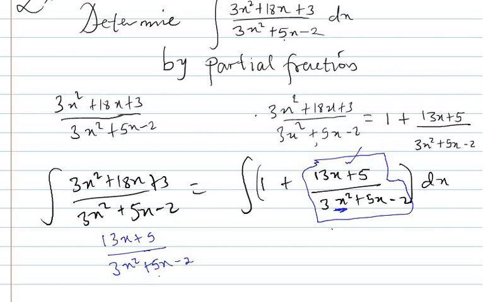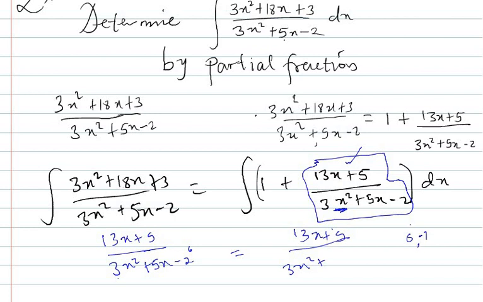So we have to factorize this. To factorize, we get two numbers such that when you multiply them, they give you 3 times minus 2, that is minus 6, and when you sum them, they give you 5. So we have (13x plus 5) all over 3x squared plus the two numbers, 6 and minus 1.